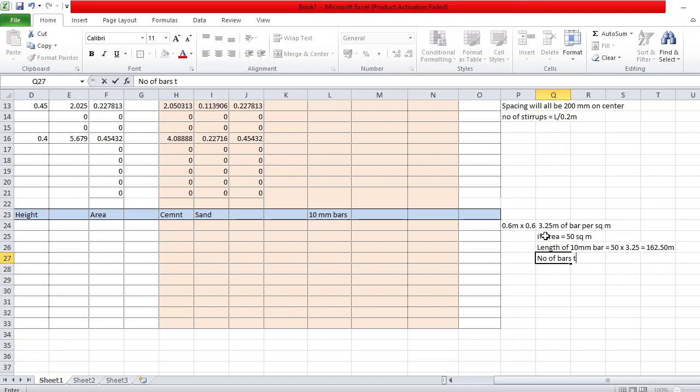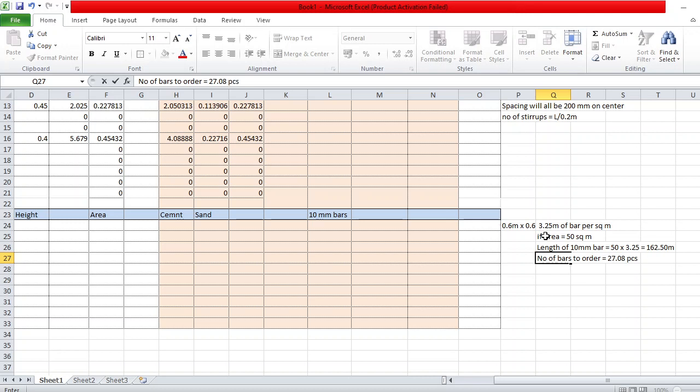And then, number of bars to order, okay, ilang bars. So, as mentioned, palaging 6 meter ang length ng isang bar na in-order. So, yung 162, i-divide mo ng 6. So, approximately, you need 27.08 pieces.